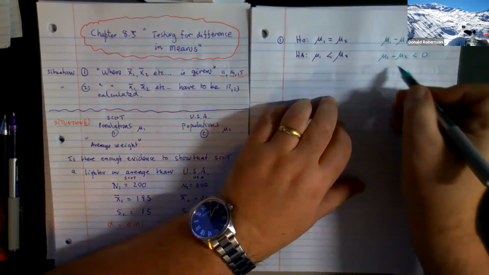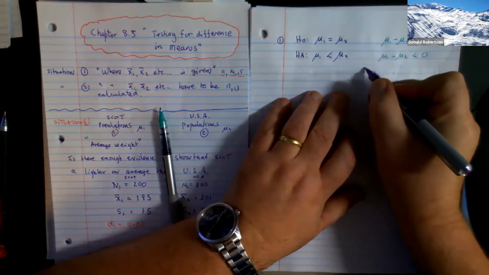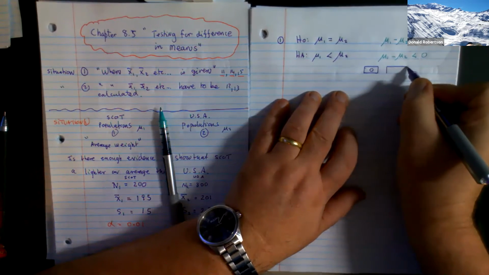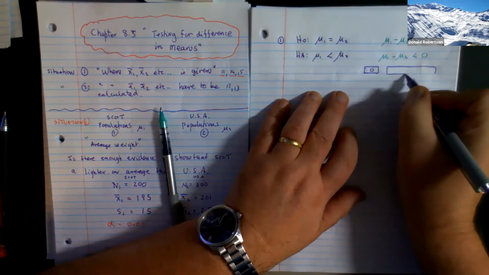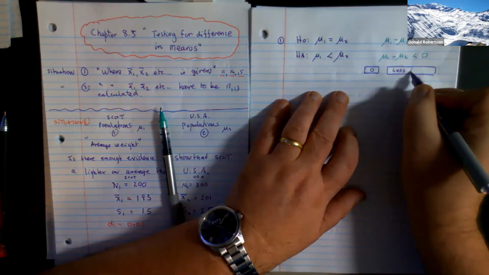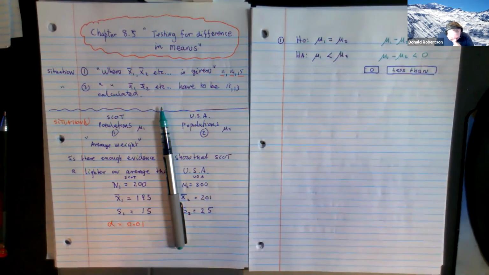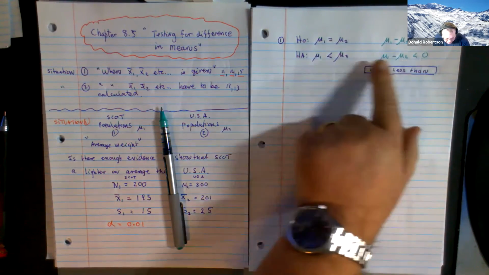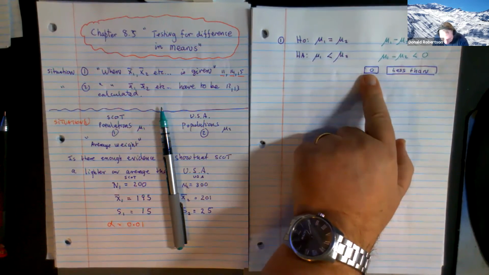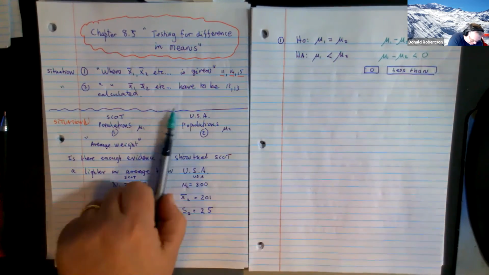And the reason we need that way around is that in the software, you're going to have a place to put 0. And right next to it, at least in this question here, you're going to have the choice less than. So when you go and you use the software, you have to have a way of describing this, and we describe it in this strange way: the difference is 0, but it's less than, which is essentially saying that.